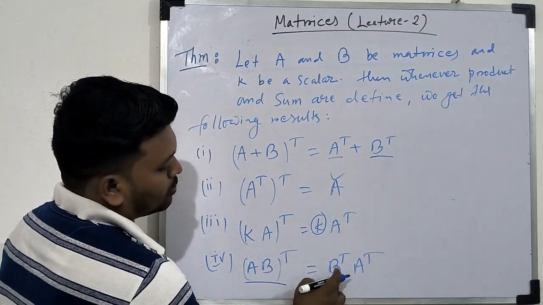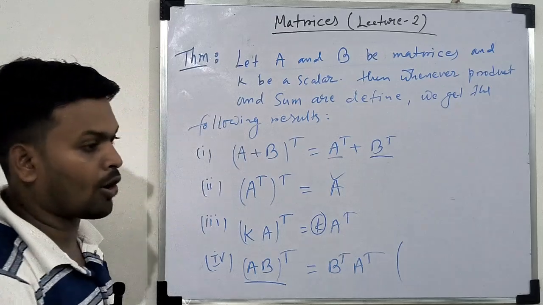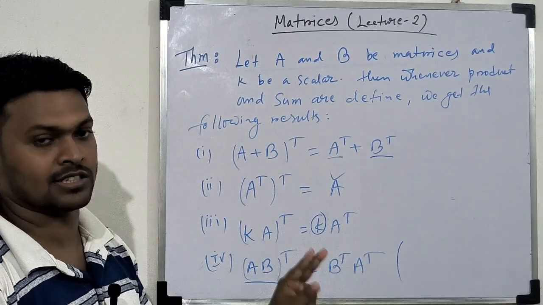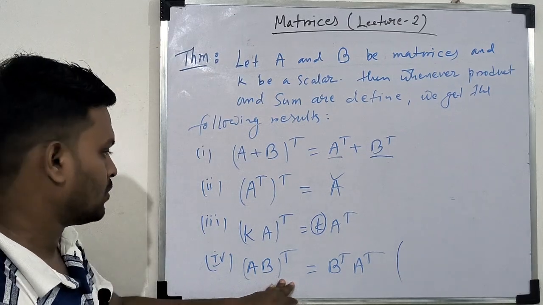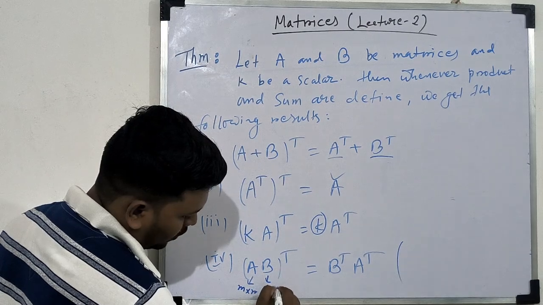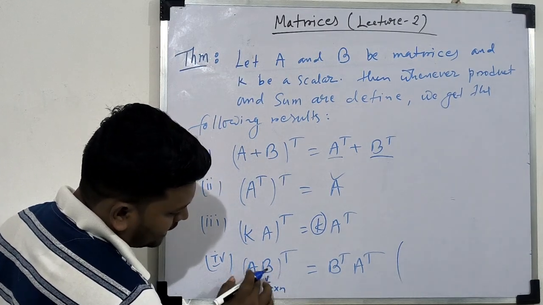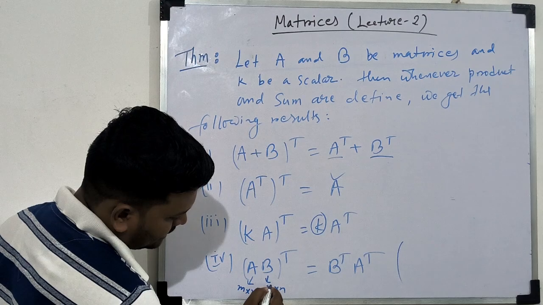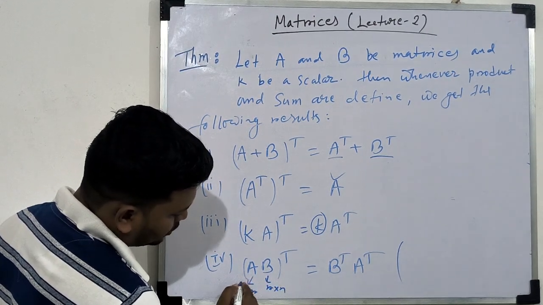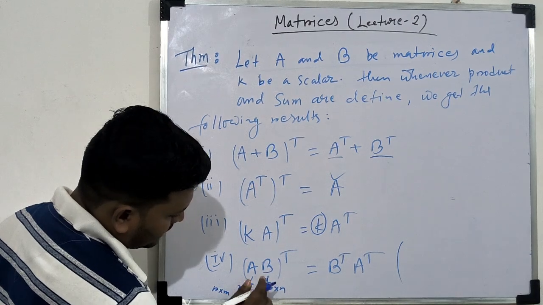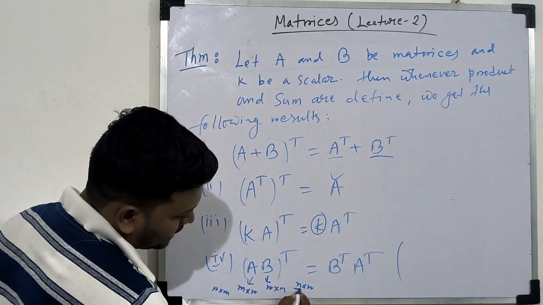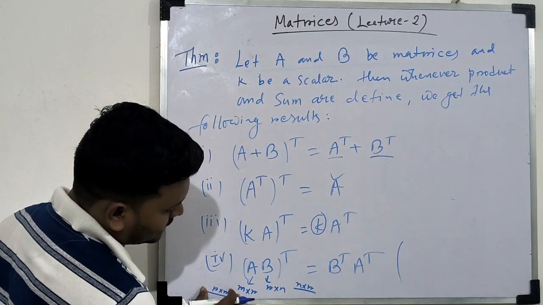The transpose of AB equals B transpose A transpose. So the transpose of a product is the product of the transposes but in the reverse order. How? If A is M cross R and B is R cross N, then A into B can be multiplied as R equals R, giving M cross N. A transpose becomes R cross M and B transpose becomes N cross R. So if we multiply B transpose into A transpose, it works.